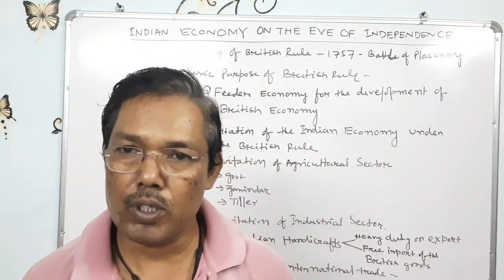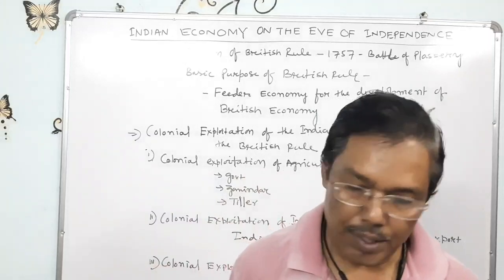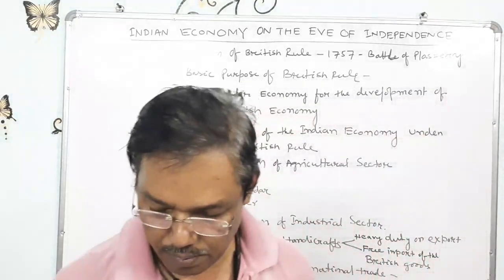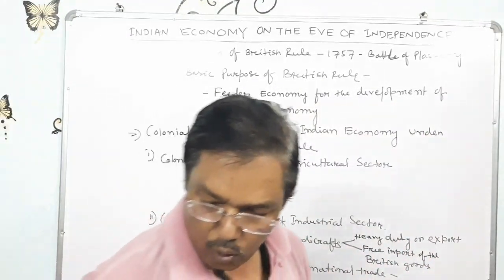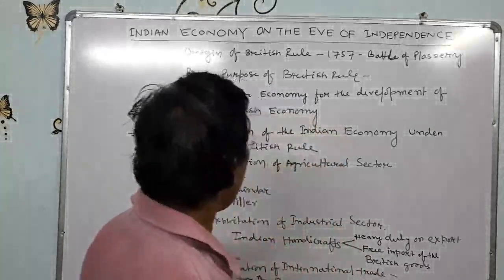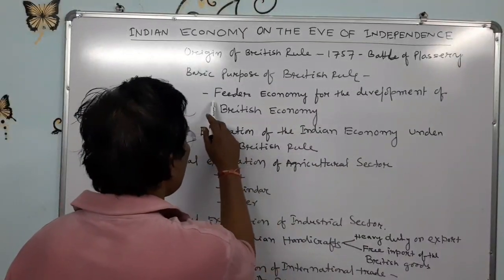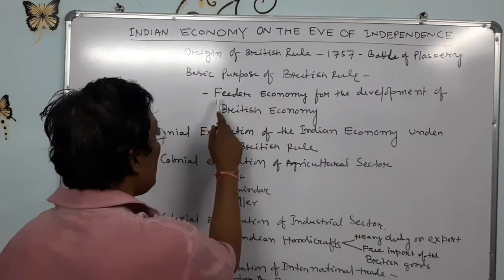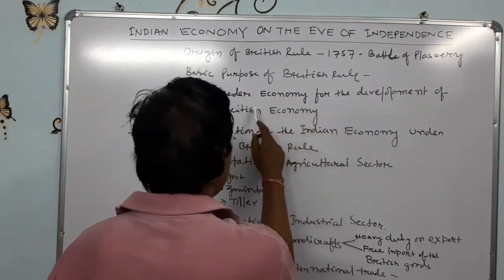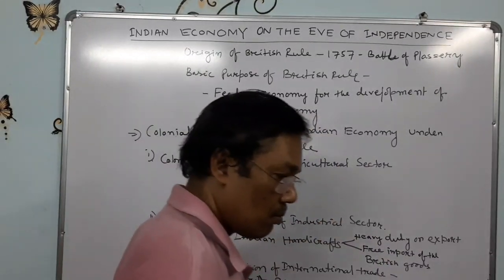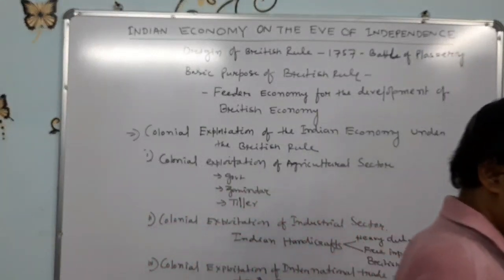So whenever the Britishers entered our country, what was the basic purpose of the British rule? The main purpose of the British rule was to use the Indian economy as a feeder economy for the development of the British economy.